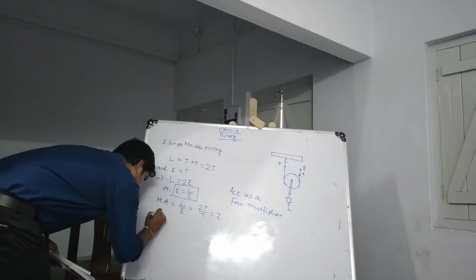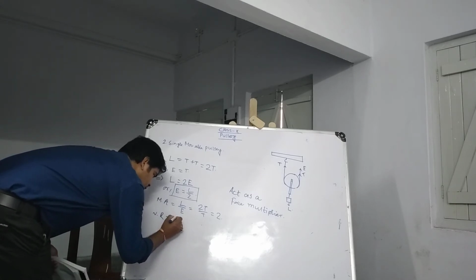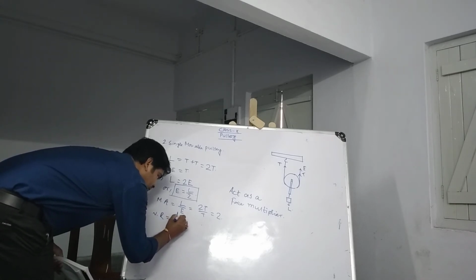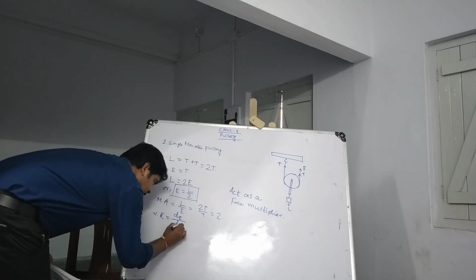Now, velocity ratio. Velocity ratio is equal to the displacement moved by the effort divided by the displacement moved by the load.